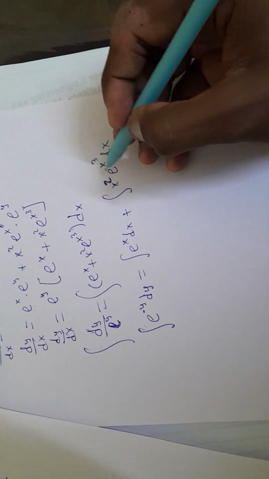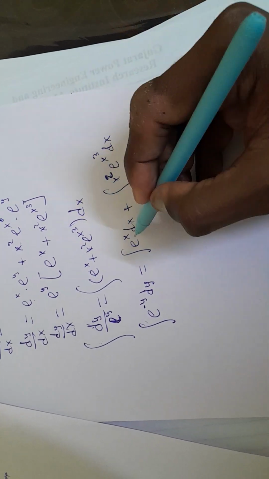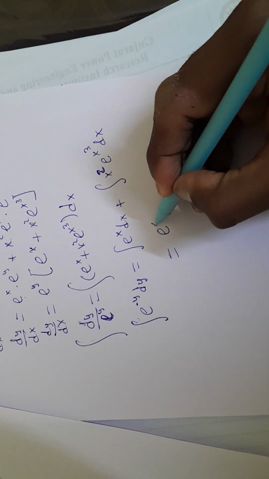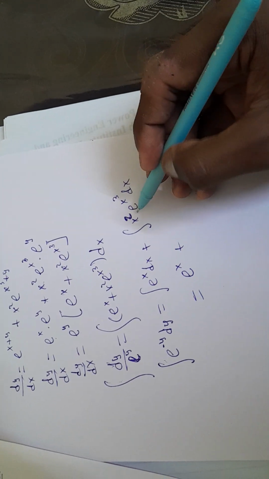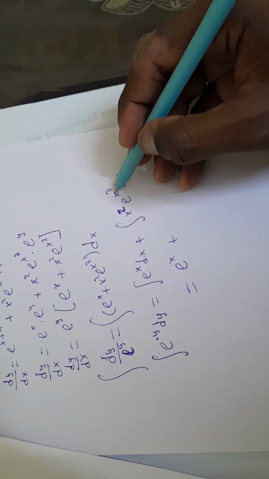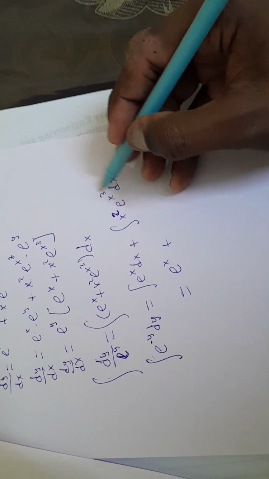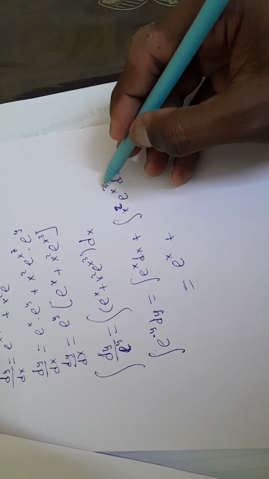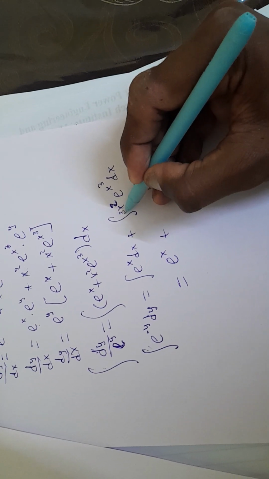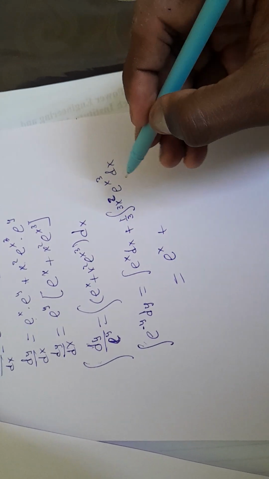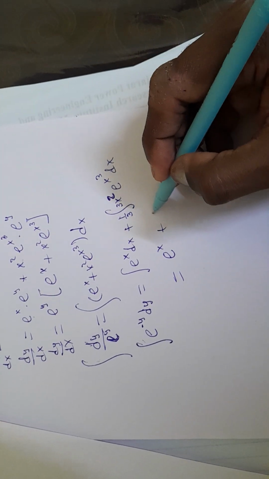Now see, this integration we know, this is e to the power x directly. And in this integration, if you see, x squared is the derivative of the exponent upstairs, x cubed. So just put 3 here and take 3, then this will be easy for you to solve.